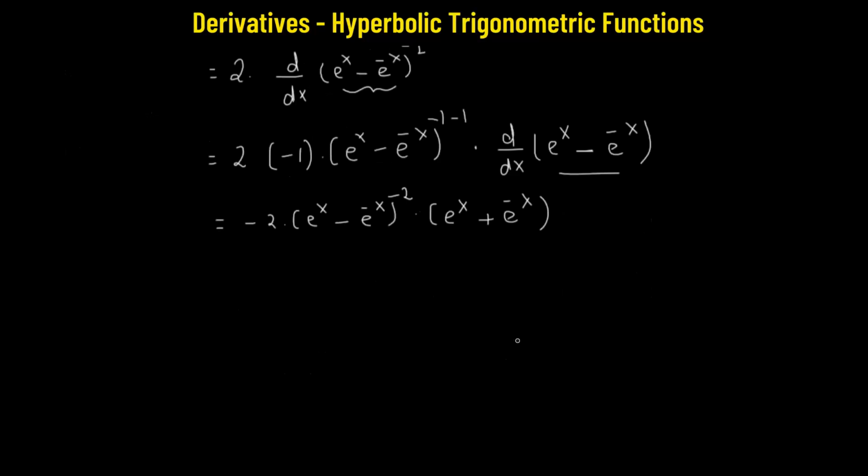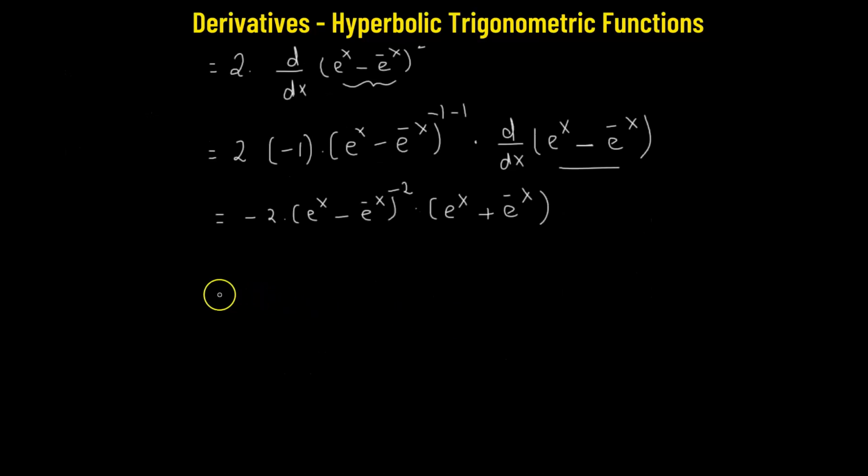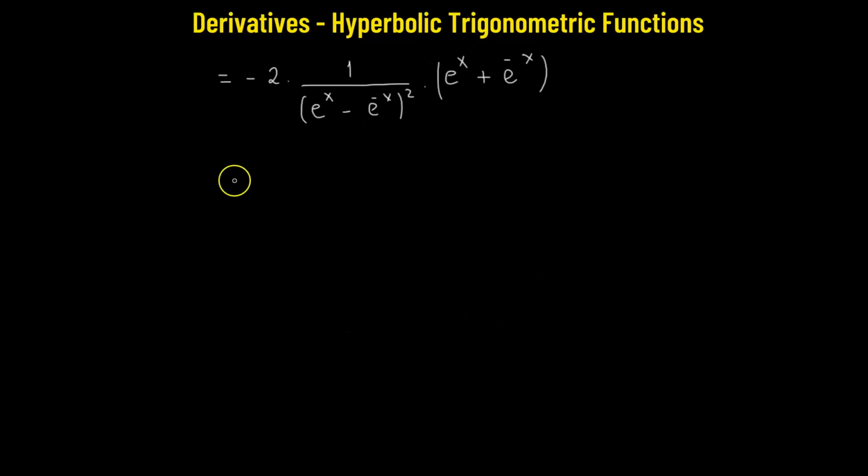So let's rearrange everything. So this will be negative 2 times 1 divided by e raised to the power of x minus e raised to the power of negative x, whole squared, multiplied to e raised to the power of x plus e raised to the power of negative x.